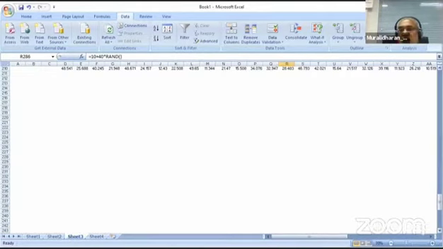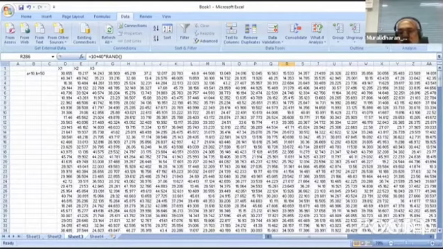So I am now going to take a good sample. Okay, let us compute row wise. Here I am computing the average of.